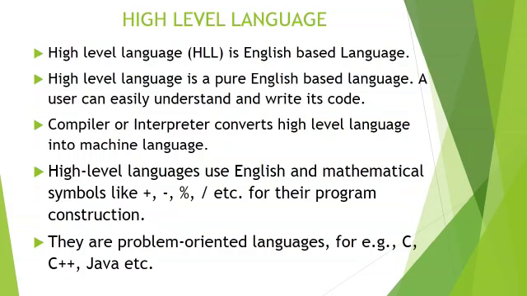The translator programs called compiler or interpreter convert a high level language program into machine language. So high level language uses English and mathematical symbols like plus, minus, divide, modulus, etc. for their program construction. They are problem-oriented languages, for example, C, C++, Java, etc.